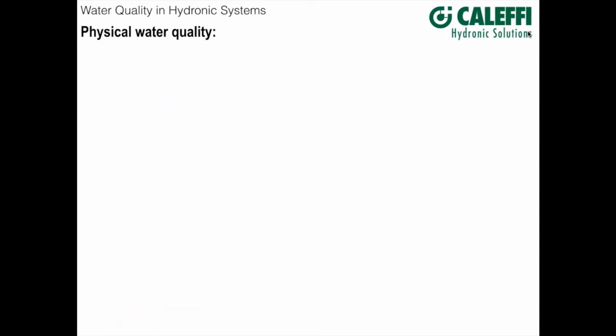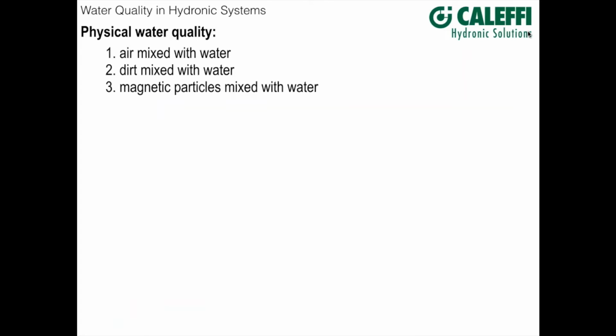So let's start off with physical water quality. One of the issues with any hydronic system is getting air out of the water, as well as getting dirt out of the water, especially today with high-performance circulators with permanent magnet rotors. Any type of magnetic particle, iron oxides in particular, it's important to get those out.